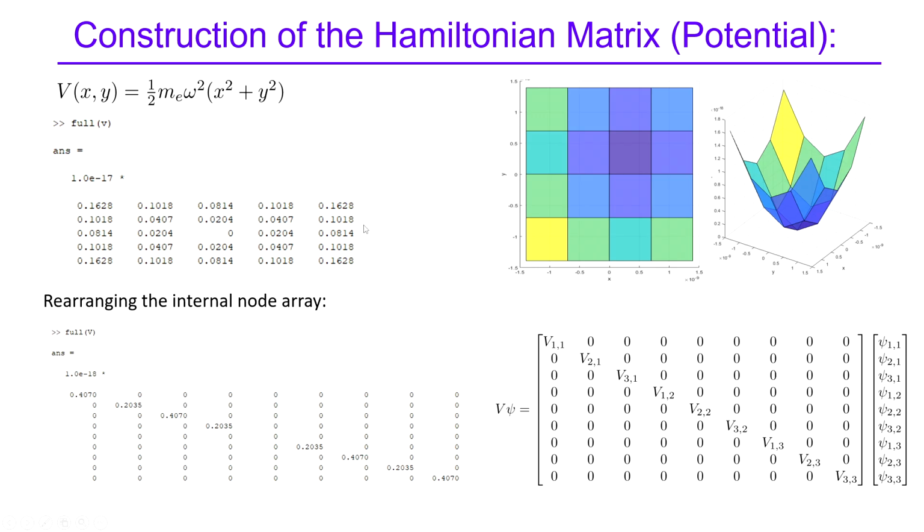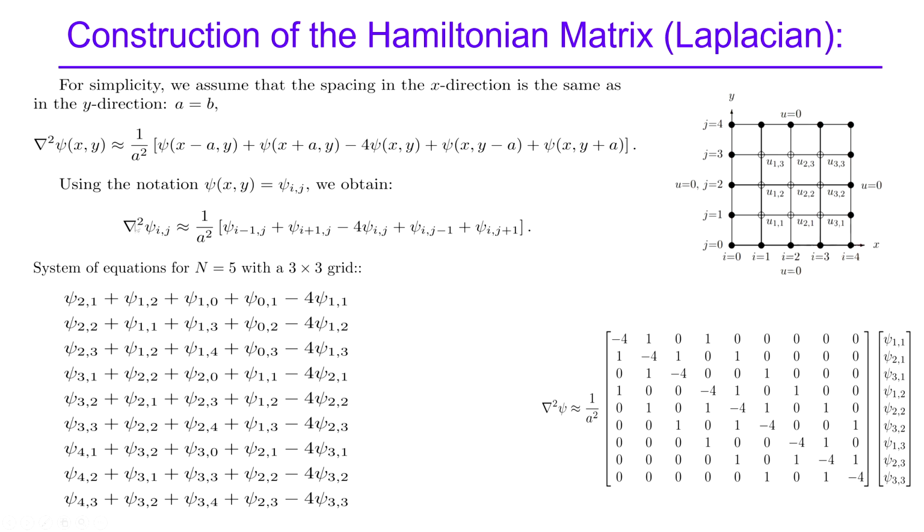How can we arrange these terms to add a potential matrix with the Nabla matrix?